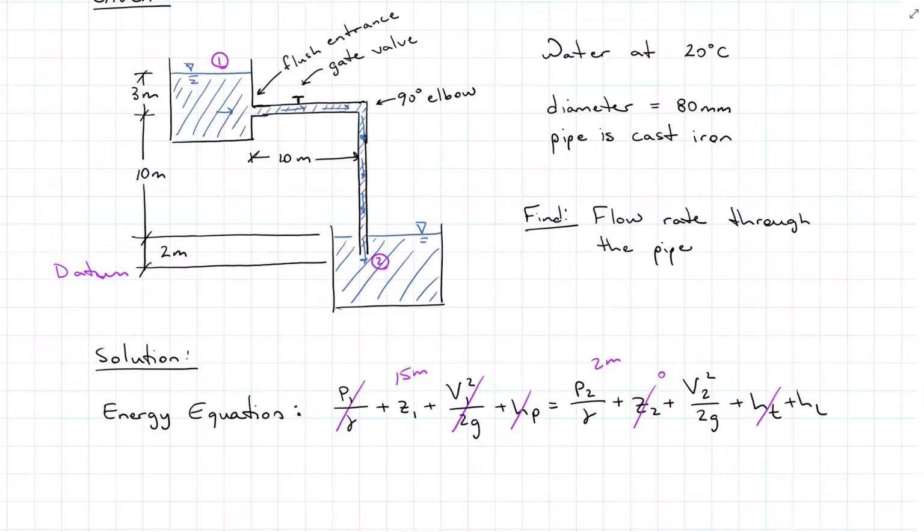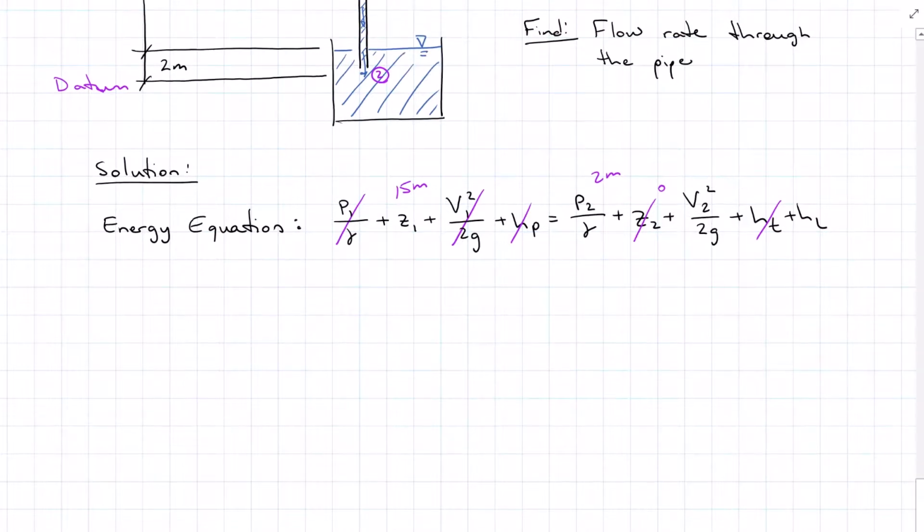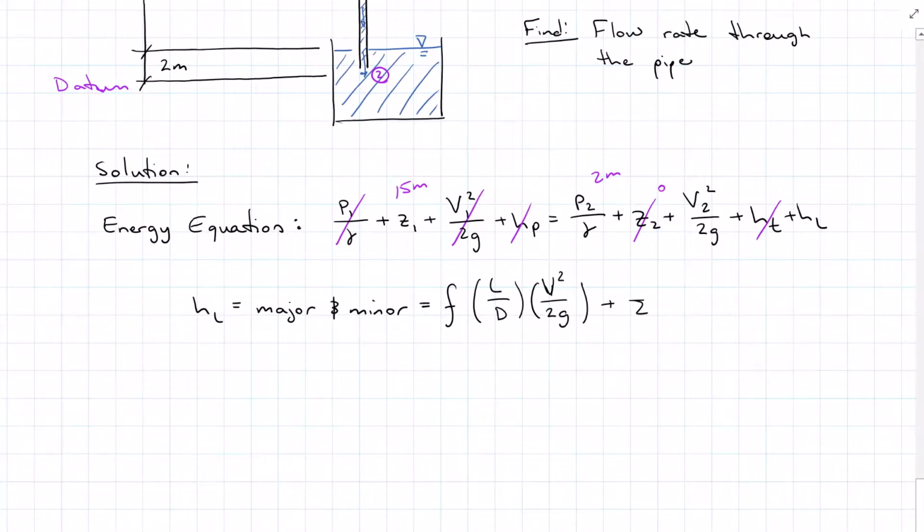Head loss. Head loss, we're now talking about major and minor losses. So that's going to be my friction factor, length over diameter, V squared over 2g, plus the sum of all my KL values times the velocity head, V squared over 2g.